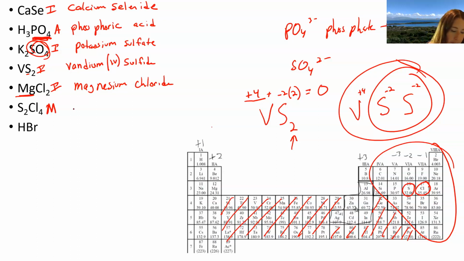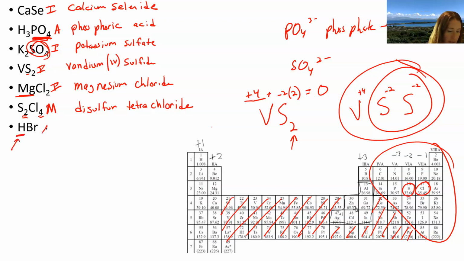This is molecular. There's 2 sulfur, so disulfur. Remember, the first one, you just write the name, whatever the name says on the periodic table. Tetra. And the second one, you just add IDE to it. Chloride. That's it for molecular. All right, next one.